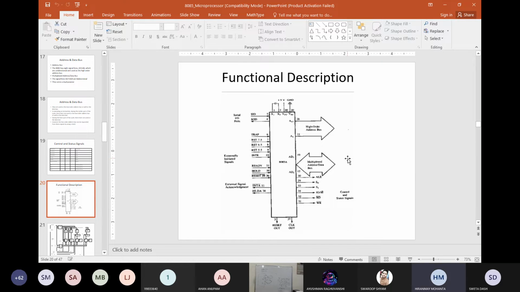Now I will just tell you: first step, it will identify the memory location. Second step, it will transfer the data. Third step is to provide timing or synchronization of the signals. This is a little complex, so let me explain it in detail.